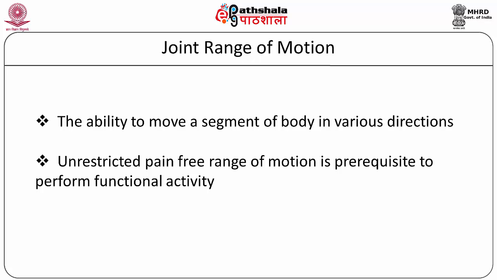The unrestricted pain-free range of motion is one of the basic prerequisites to perform a functional activity. Flexibility, or the ability to move a segment in various directions, is often referred to as the range of motion.